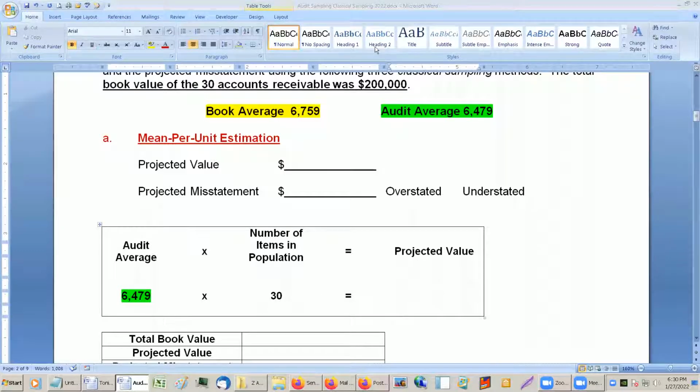Document cam. Okay, so 6,479 times 30 equals 194,370. Sorry.